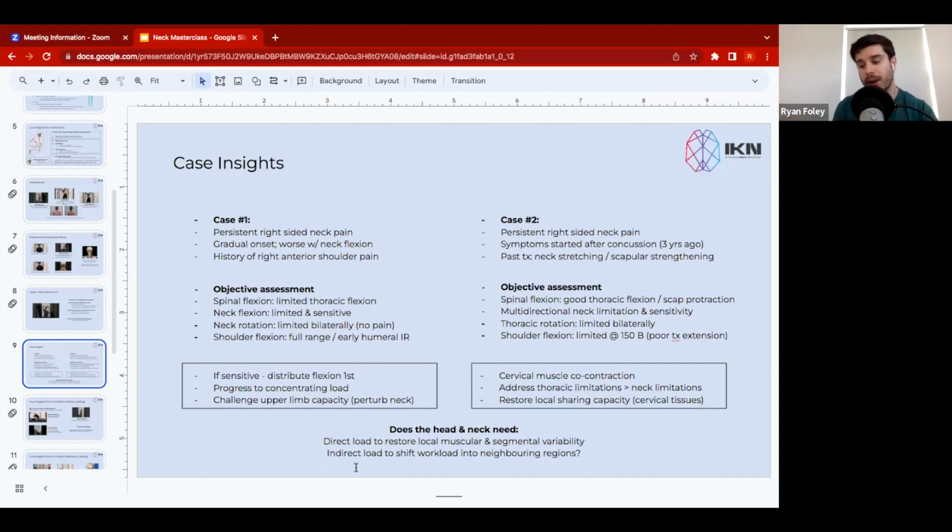Okay, so we would characterize these strategies as indirect perturbations, and we'll go through some of those strategies as well, where we're trying to simultaneously drive load into the upper limb while trying to reduce a certain behavior through the head and neck. Okay, so next we're going to go into some of the rehabilitation strategies.